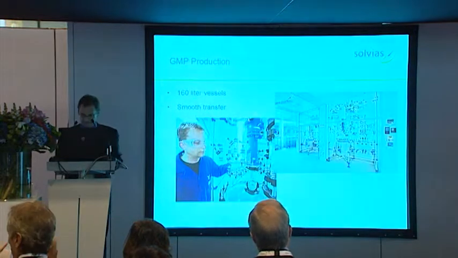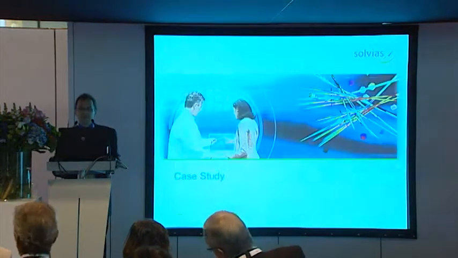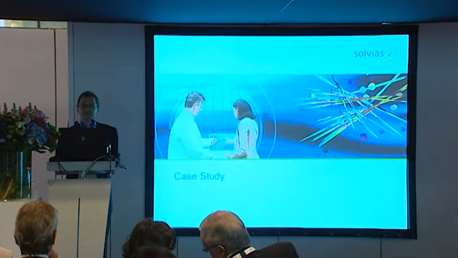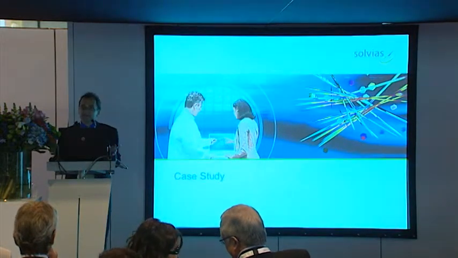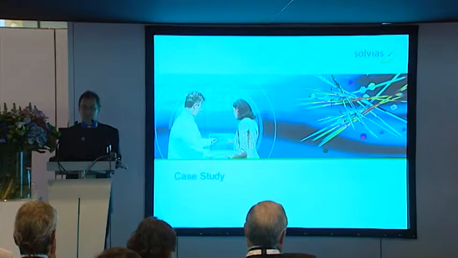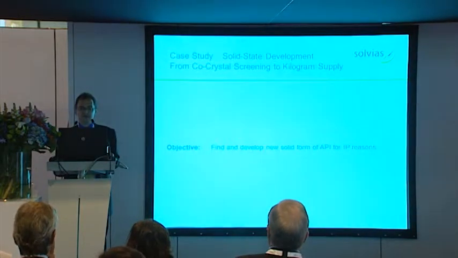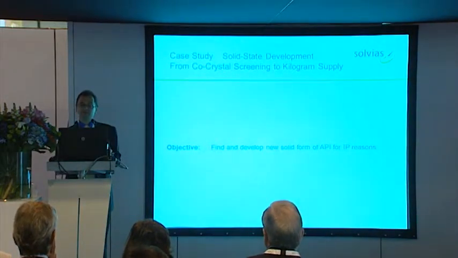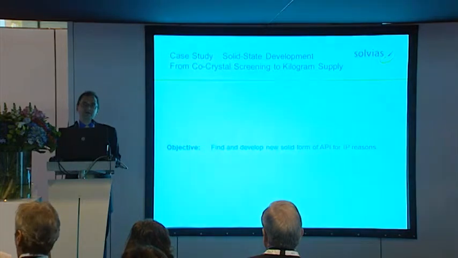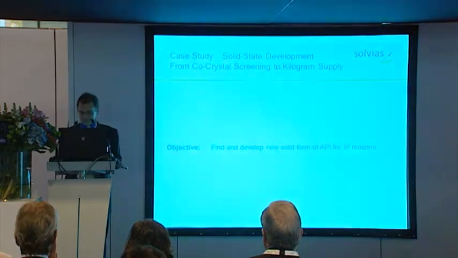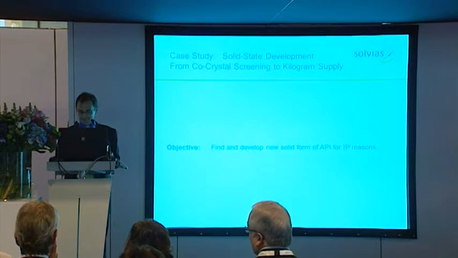To end up with, I will briefly walk you through a case study where we did quite a large part of such a development, where the objective of our customer was to find a new solid form of a certain API for IP reasons. I think that is an issue a lot of you are familiar with.